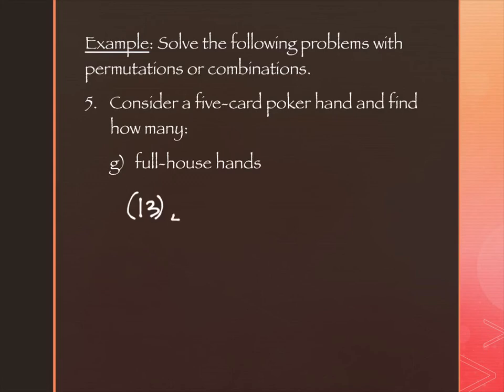And then I need to select from the 4 cards that there are, I need 3 of them. Let's pretend that for a moment I selected a 6. Well, there's 4 6s and I want to choose 3 of them. Once I've picked 6s, I can't pick them again because there's not enough cards left, so I need to pick another valued card. If I've already picked one of the 13 value cards, how many are left? 12.